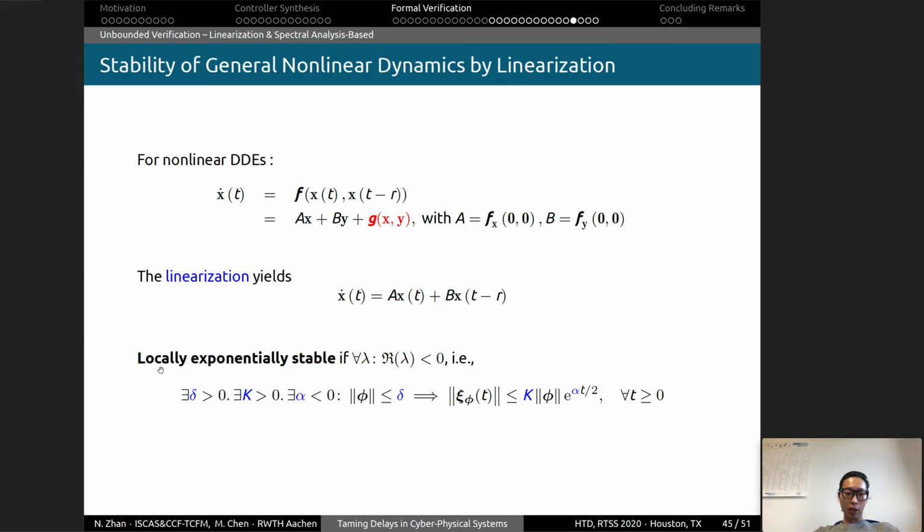What does local mean? It means that there is a certain distance from the origin, let's say, such that for all possible initial functions starting within such a region, the solution to DDEs can always be bounded again by an exponentially decreasing upper bound.